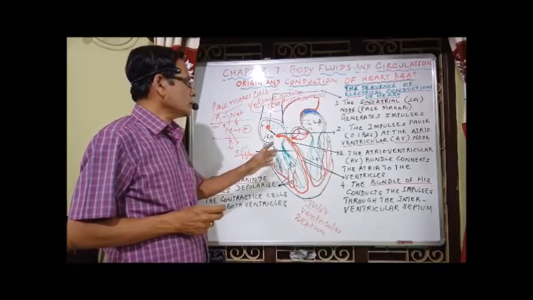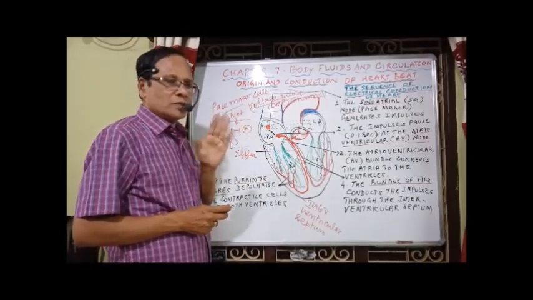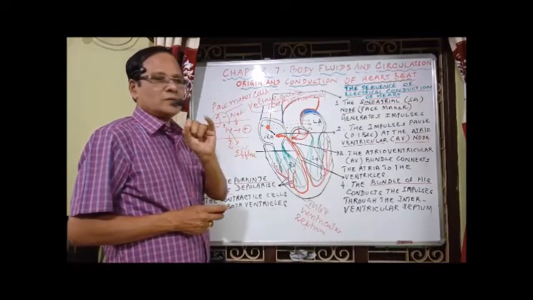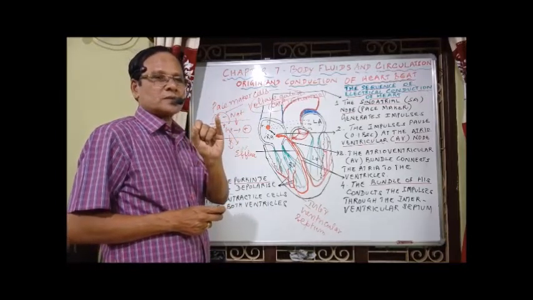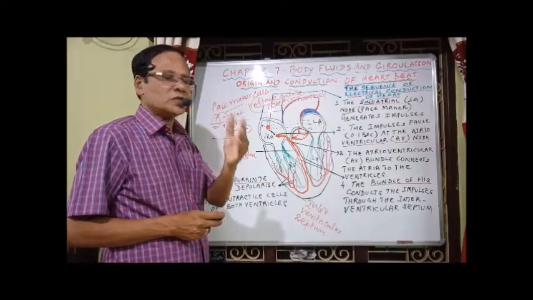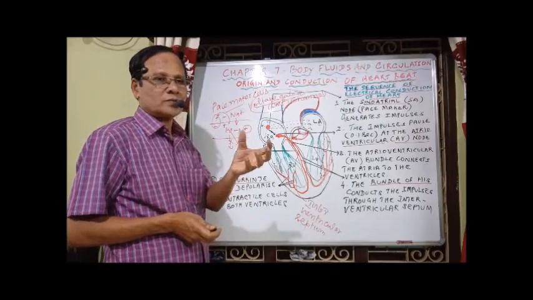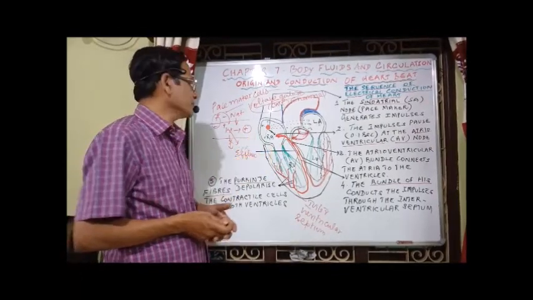So anyway, now we have the events about depolarization. You have to understand that one. Now the excitation causes depolarization. The depolarization initiates the contraction of the muscles of the heart, leading to rapid contraction and relaxation.